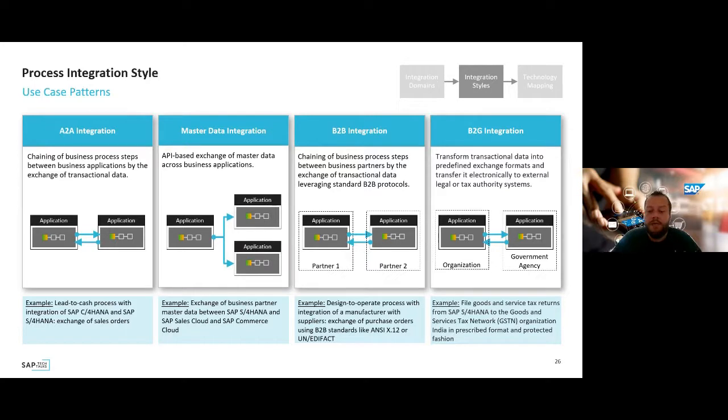B2B, where we have really specific protocols and ways to leverage your integrations, like EDIFACT, X12, OFTP. So it's really peculiar. And we can also have, for example, B2G, how to talk with the government, and how to establish this, mainly because in many cases the government also has specific requirements.